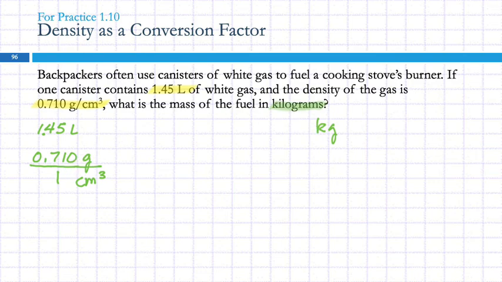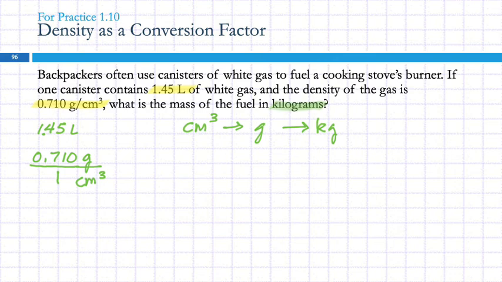Grams and kilograms, oh, we could do that one, right? One prefix, one step, right? So grams to kilograms would work. This relates grams to cubic centimeters. So to get to grams, we would need to start with cubic centimeters. That's not something we just normally have, but because they gave us the density, we do know that.